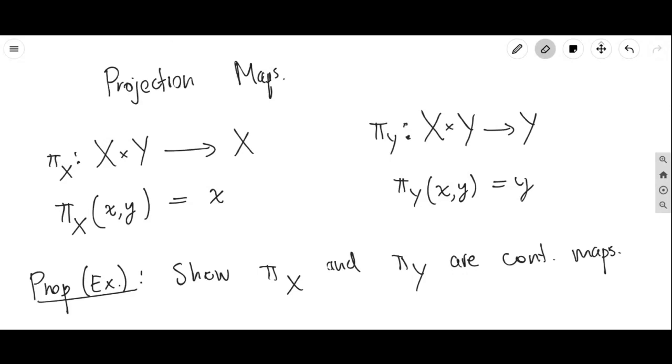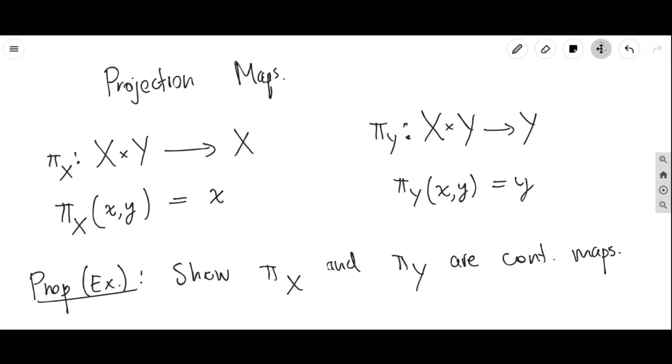This is very easy to show. You just have to go back to the definition of what it means to be a continuous map. By definition, that is when the pullback of an open set is an open set. So you just have to do that, and you'll be able to see that these are indeed continuous maps.